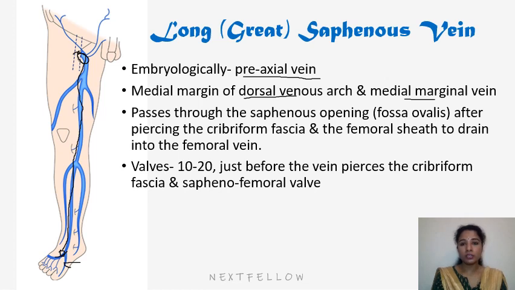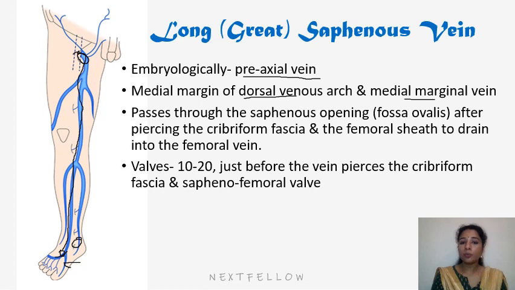So it begins on the dorsum of the foot by the union of the medial end of the dorsal venous arch and medial marginal vein, and runs upwards in front of the medial malleolus. That thing you have to remember, it runs in front of the medial malleolus. To be specific, 2.5 centimeters anterior to the medial malleolus, and it ascends along the medial side of the leg.